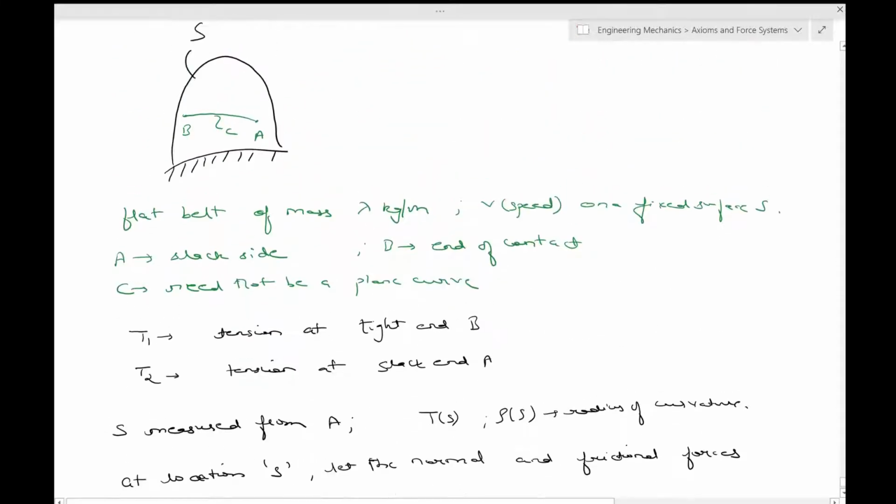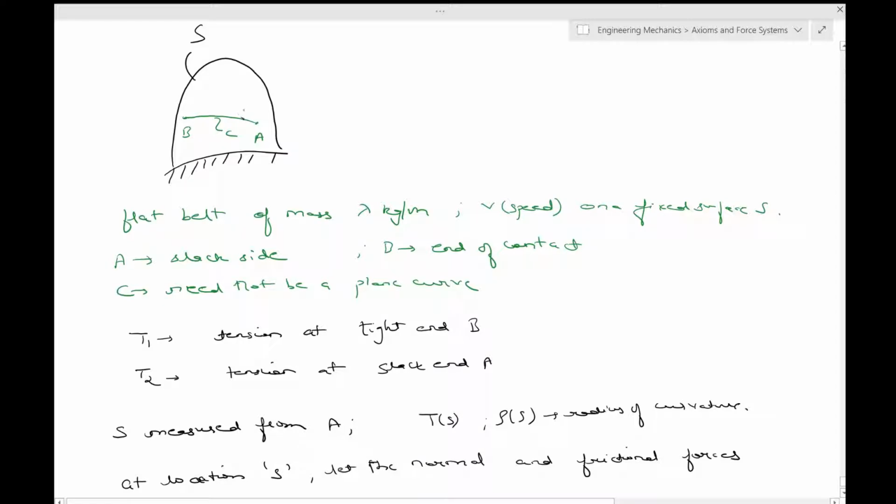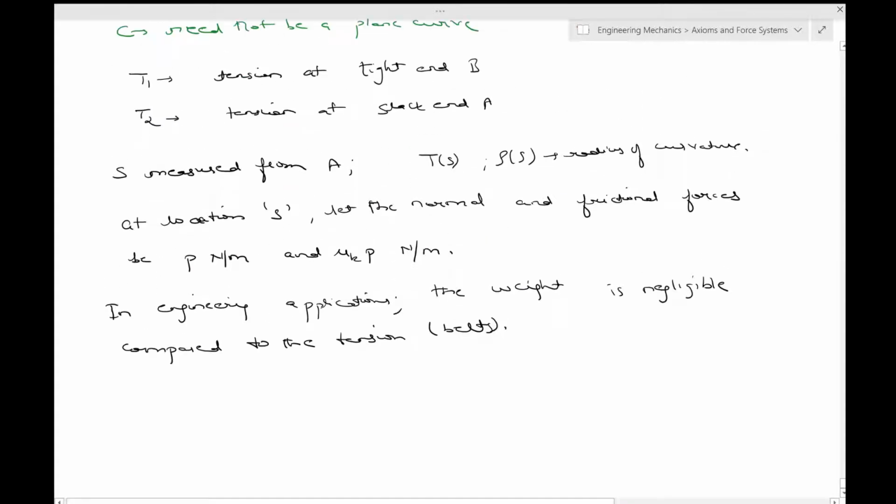So this is S, say over here, measured from A, and one small segment of this can be delta S. So I'll show this delta S separately. This is delta S of the cable. Now let's first start with the tensions. This is the positive sign because this is the direction of the path.